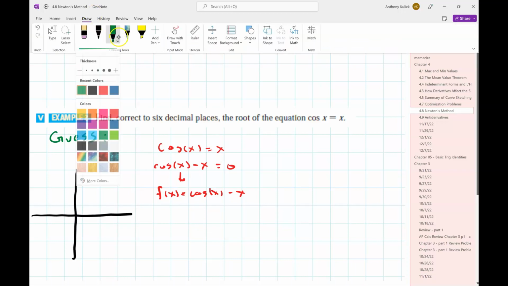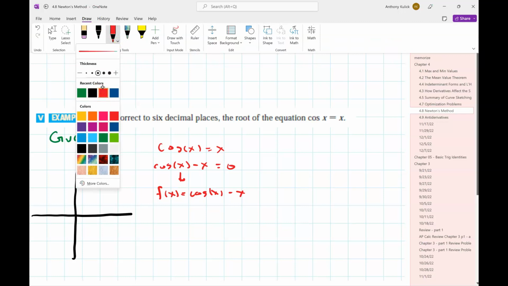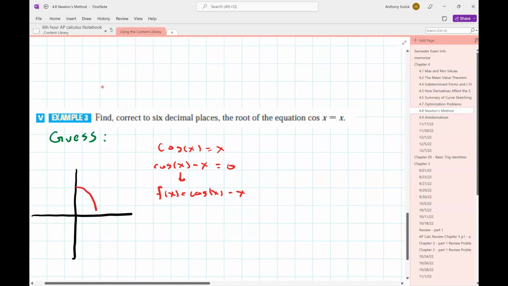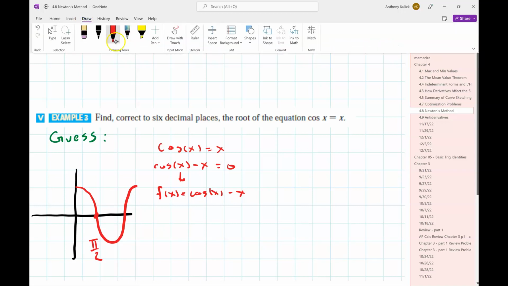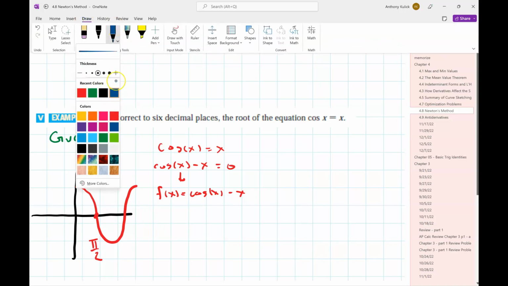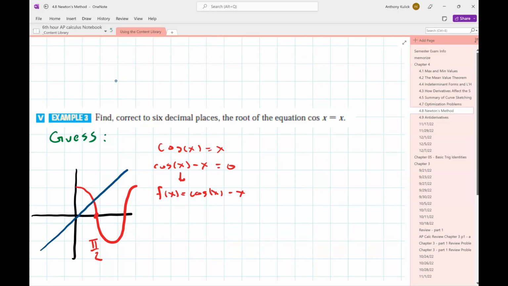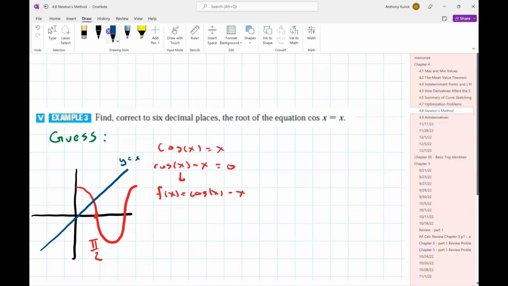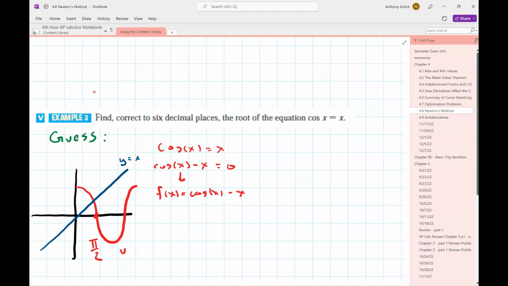I'm going to start by sketching a graph of cosine. It's pi over 2 there, right? Just from trig. And then I'll sketch in a graph of y equals x. Probably right. Everybody's okay there?